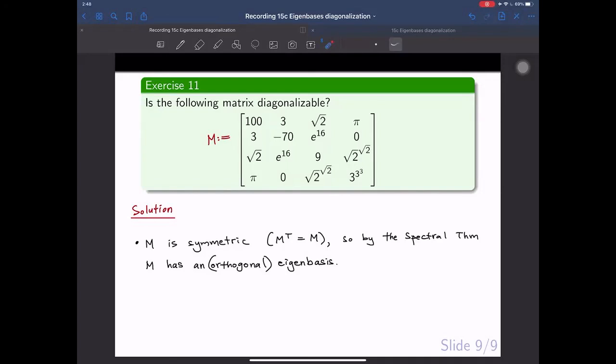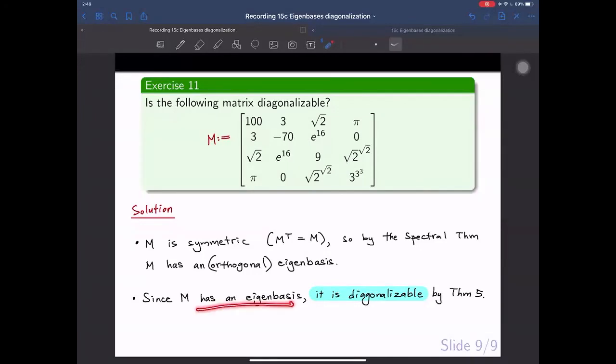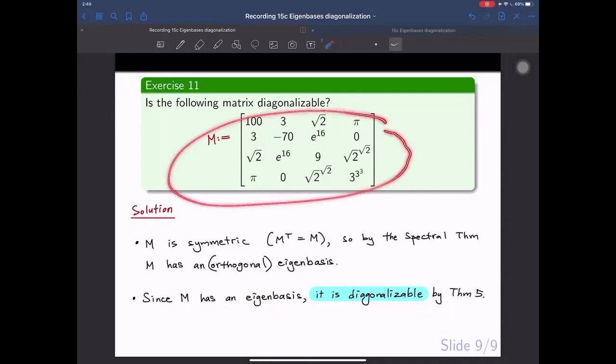So by the spectral theorem, this matrix M must have an orthogonal eigenbasis, but for what we need, we really just need to know that M has an eigenbasis. It doesn't matter if it's not orthogonal. Any matrix that has an eigenbasis, even if not orthogonal, is diagonalizable by theorem 5. So yes, this matrix is diagonalizable.